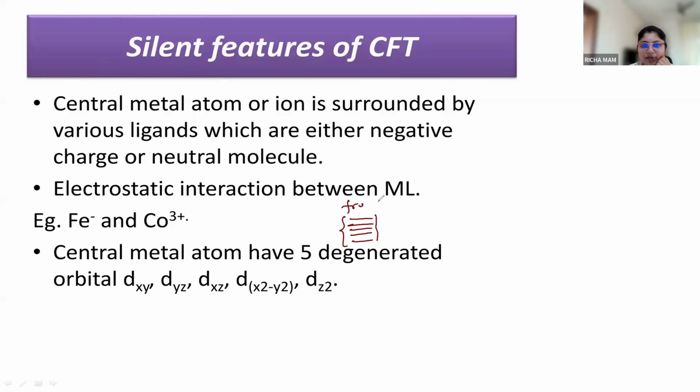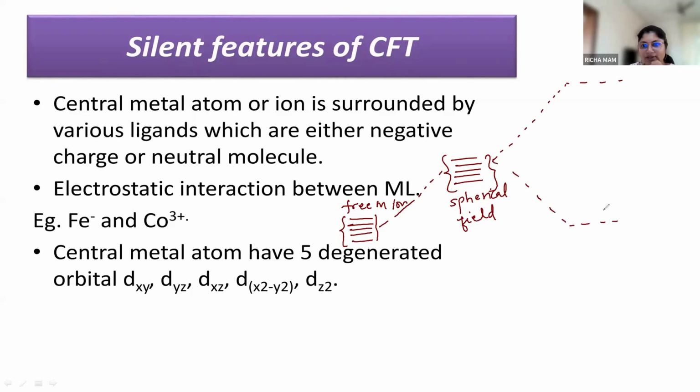Now what is happening when it comes in contact with a spherical field? So the energy is raised. Now when it comes in contact with the ligand, the d orbitals are split. How are they split?